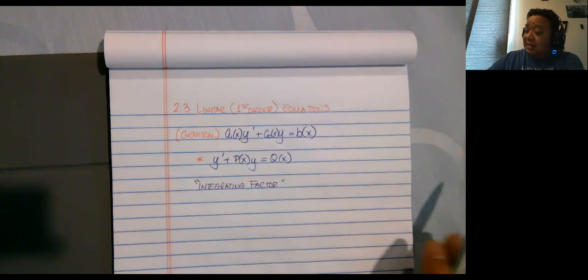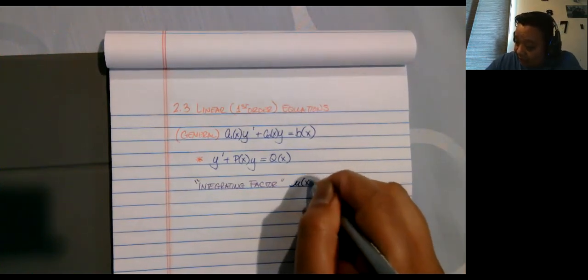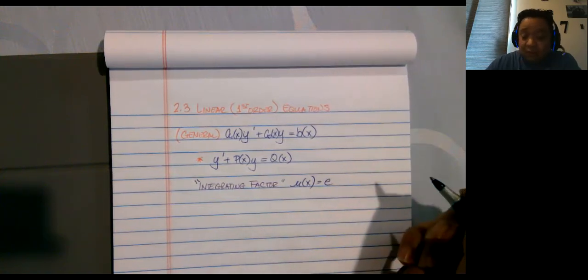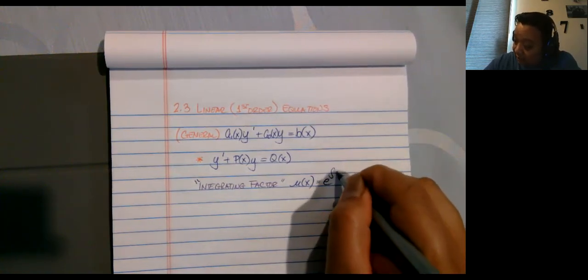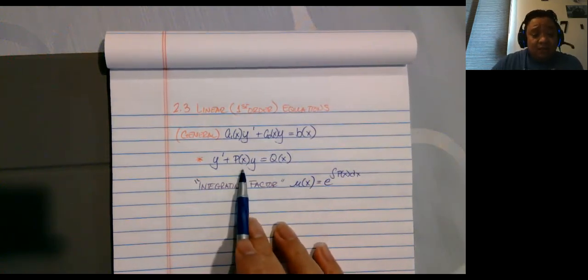And so in this case, the function you are going to multiply is called mu of x, okay? And it's equal to the exponential of the integral of p of x dx. So it's the integral of this function with respect to x.